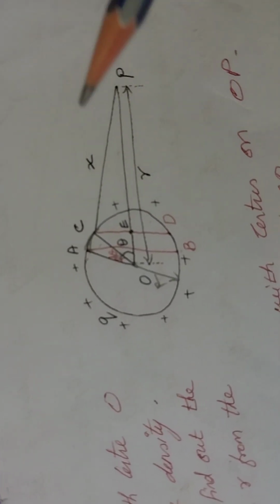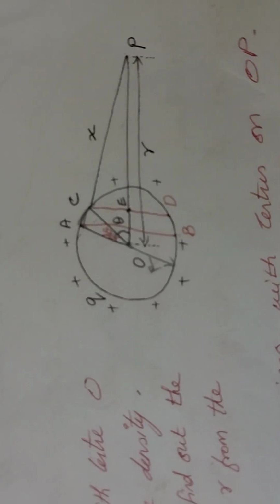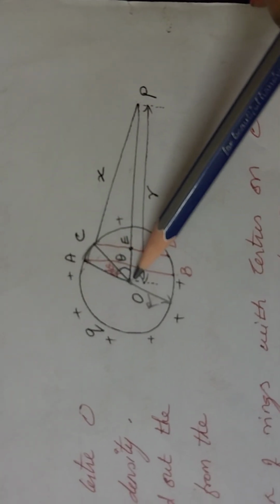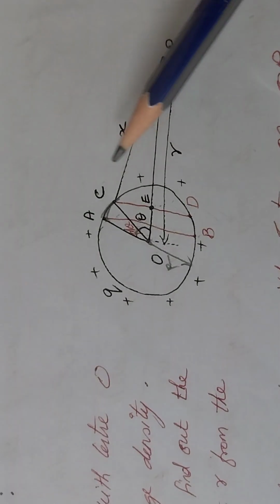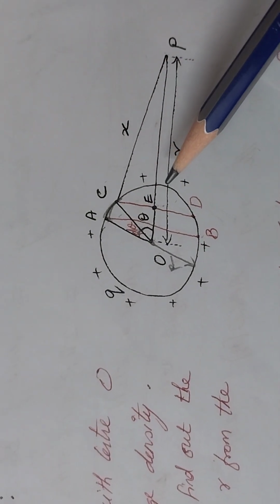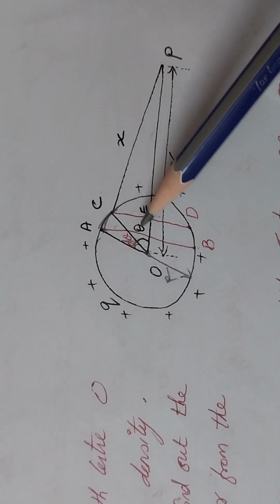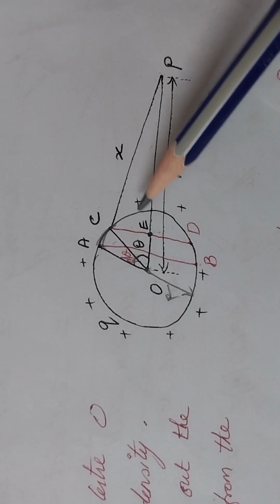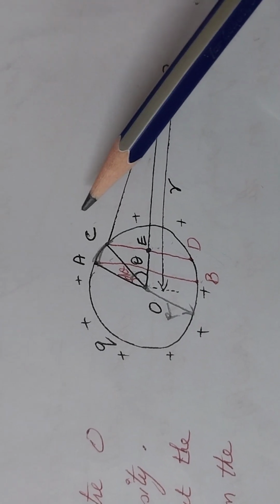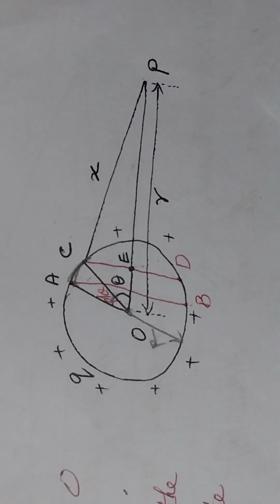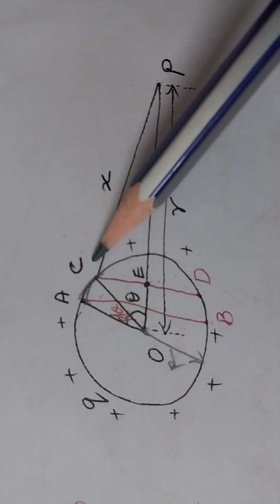For CE we take this right angle, the triangle O, E and C. From this we calculate that sin theta is equal to CE by OC, that is CE divided by R, since OC is nothing but the radius of the circle. So we get CE is equal to R sin theta. We have the arc length, that is R d theta.